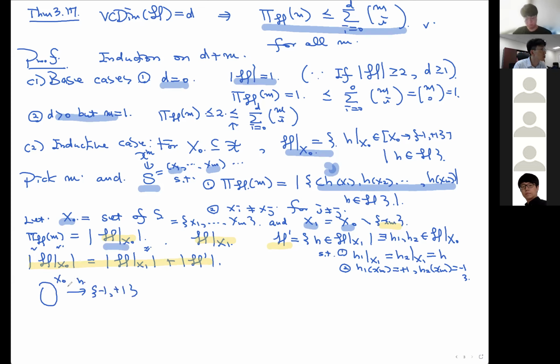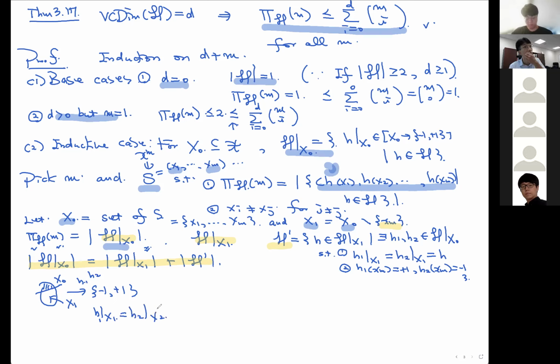Then we restrict it so that we get rid of that element, and we only look at x1 and obtain a function that behaves with respect to x1. Initially we may have functions h1 and h2 that are different, but after this restriction, they may become the same.